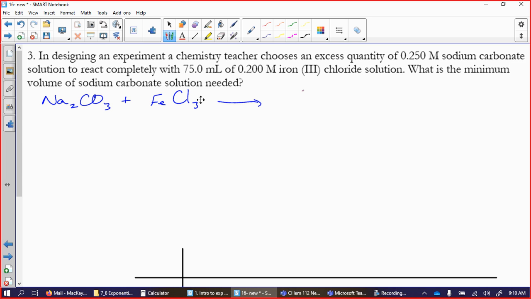It's a double replacement reaction. Plus, so this is NaCl. Iron 3 carbonate is going to be, whoops, that almost looked like a C. So there's our skeleton equation.